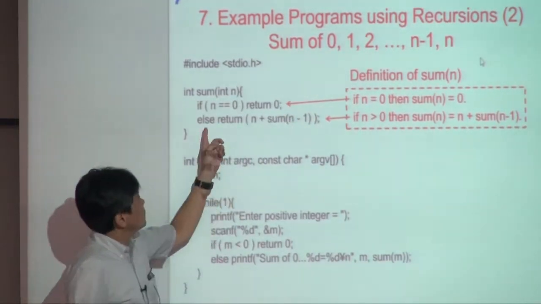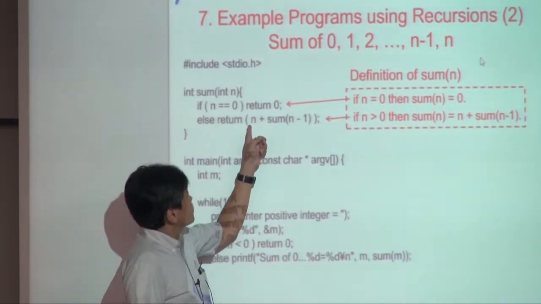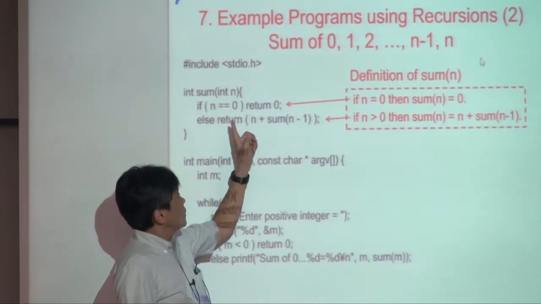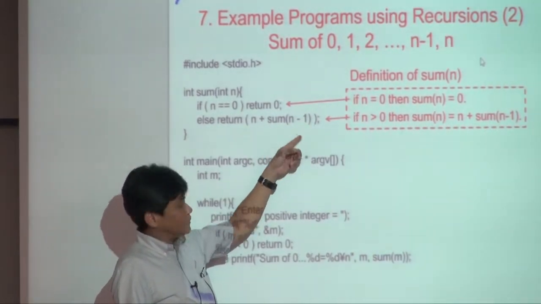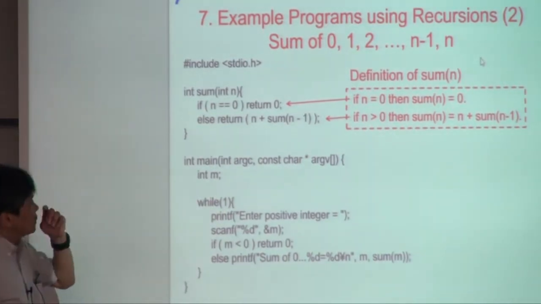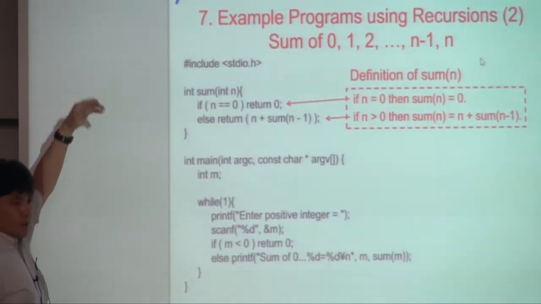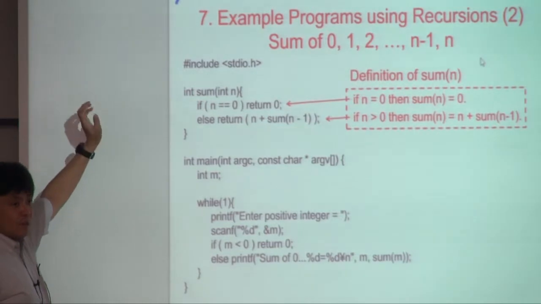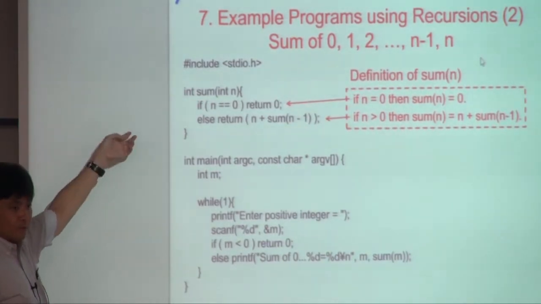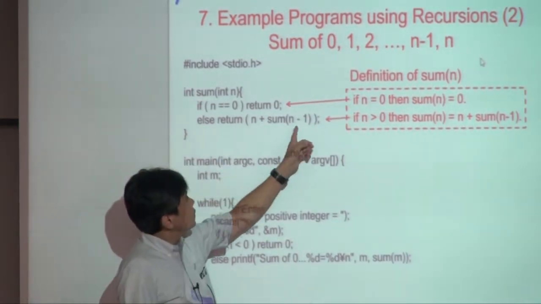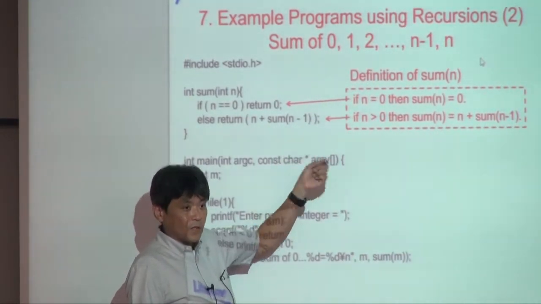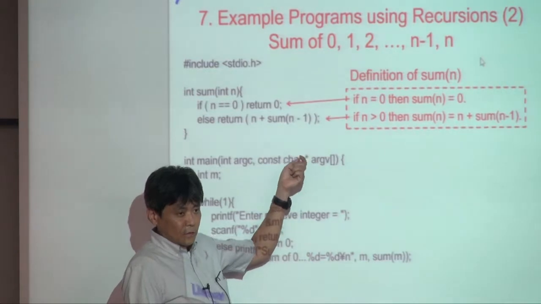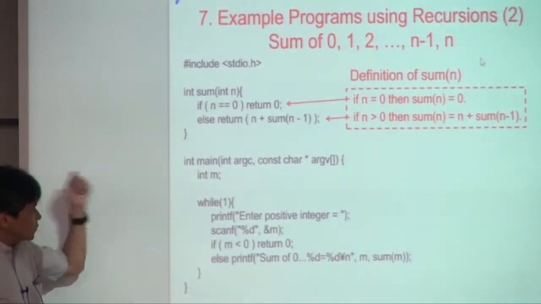Otherwise, return n plus summation n minus 1. As I explained in the previous execution detail for factorial, this recursive call is also executed very similarly. This is the main function.